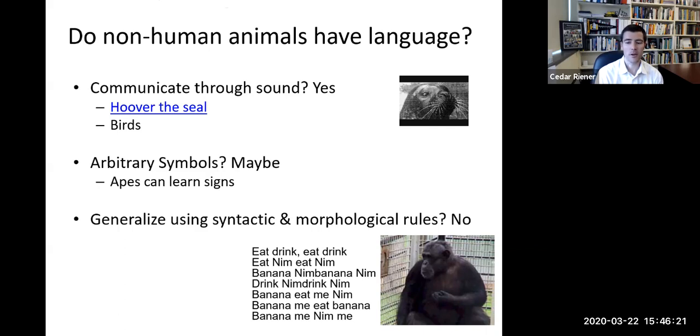And when Hoover was in the aquarium, he was able to use those utterances, to the delight of visitors at the aquarium. However, Hoover did not know what get over here meant. He was just able to imitate it. So in that case, he's able to communicate through sound, but he's not able to generate lots of different sentences using syntactical rules.